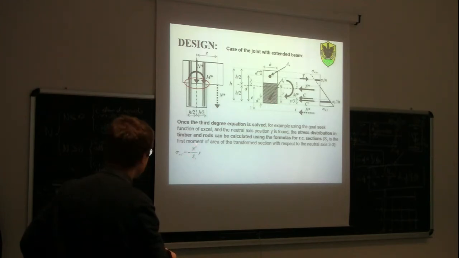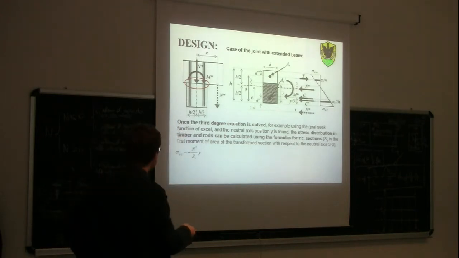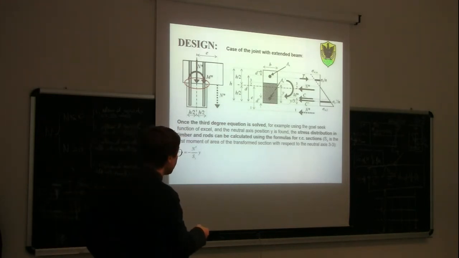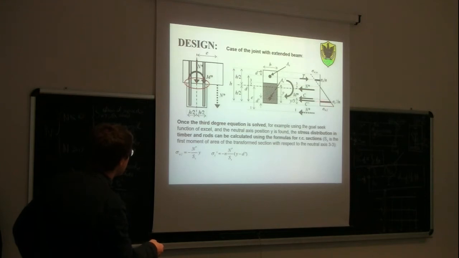So Sx is the first moment of area of the homogenized, transformed section, basically, with respect to the neutral axis, which is axis number 3, times y, where y is the distance of the fiber from the neutral axis. Then sigma s prime, so the stress in the compressed rebar, is similar to this one.